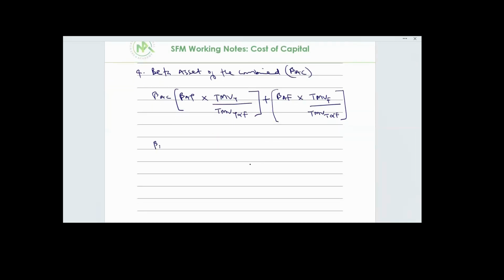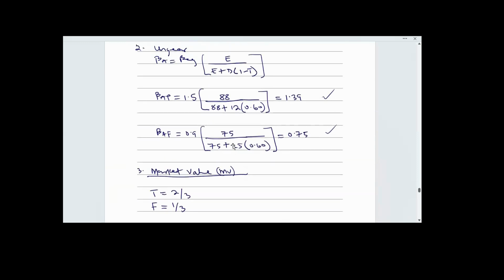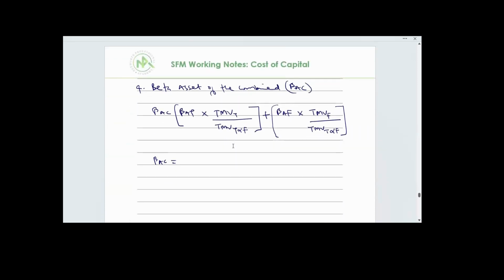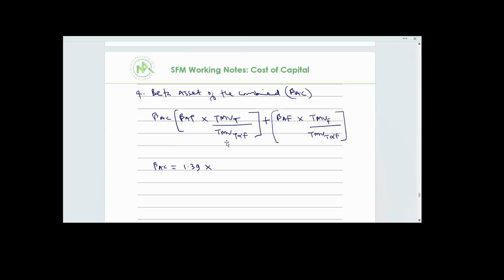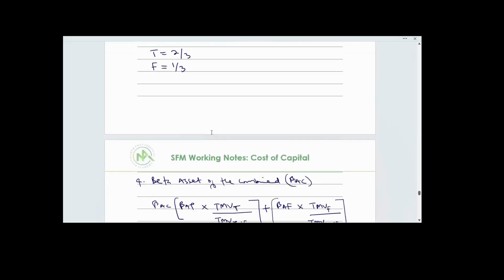Beta assets of the combined will then be equal to the beta assets of training that we calculated in step 2, which is 1.39. We got 1.39 for training. So I would then say 1.39 multiplied by total market value of equity and debt of training. Examiner has told us in step 3 that market value of equity and debt of training is 2/3.